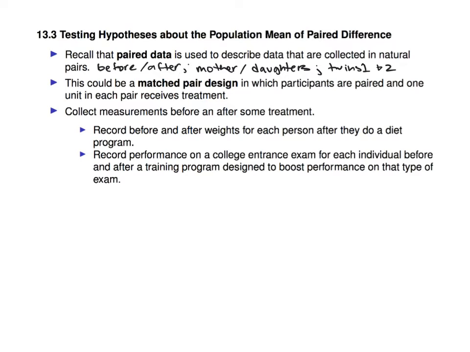It could also be a matched pair design, in which participants are paired, and one unit in each pair receives treatment. So people could be paired based on some characteristic, such as, say, age.